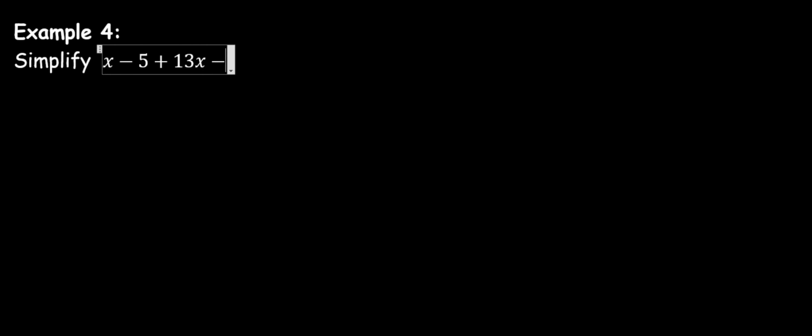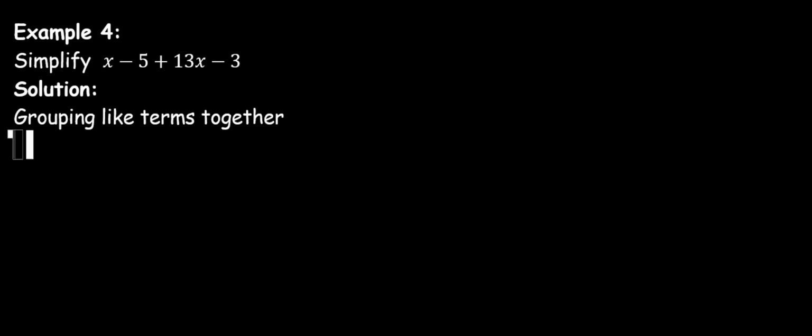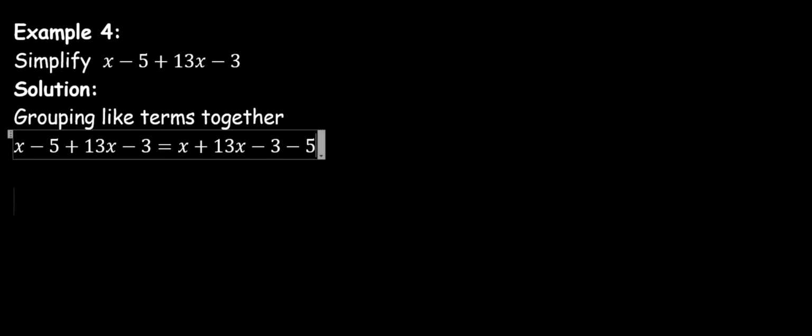Simplify x minus 5 plus 13x minus 3. Solution. Grouping like terms together, x minus 5 minus 3 will be equals to x plus 13x minus 3 minus 5, and the result will be 14x minus 8. Another example.